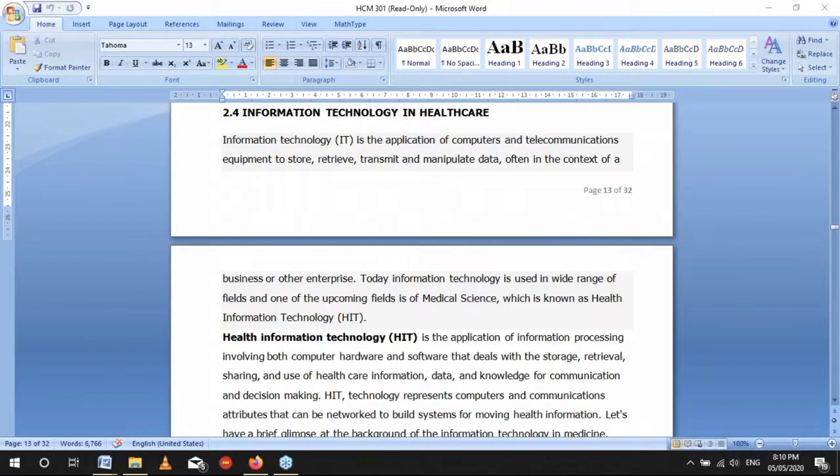Managed healthcare is a system that integrates the financing and delivery of appropriate healthcare using a comprehensive set of services.